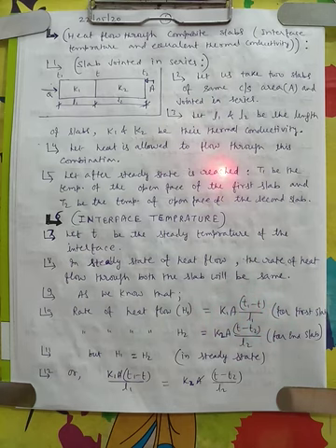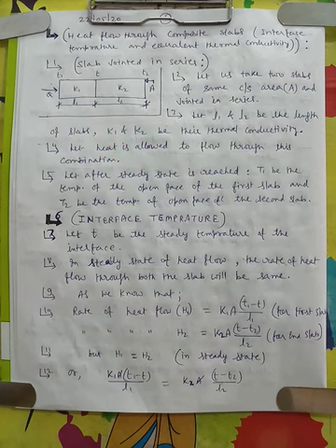Now I would like to give you derivations for two slabs joined in series and two slabs joined in parallel. We will find out the equivalent thermal conductivity of two slabs joined in series and two slabs joined in parallel. That is on next page. This is in series.